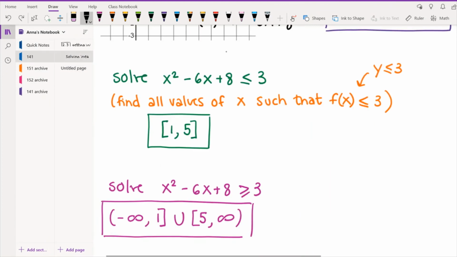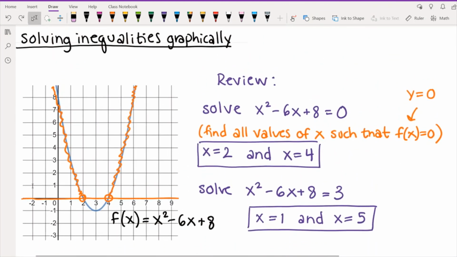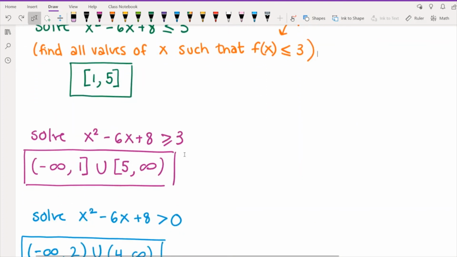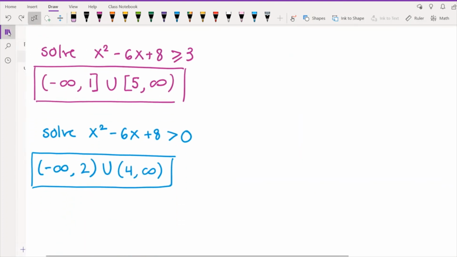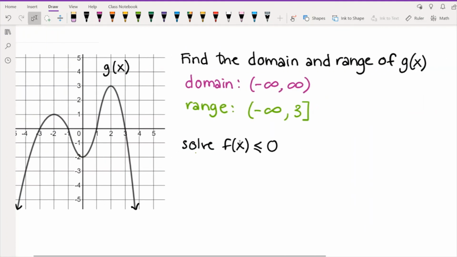For the last one, we actually knew the equation of the function, and so instead of writing f of x is less than or equal to, I just wrote the equation of the function is less than or equal to 3, or whatever we are solving. This is the exact same idea. It's just that we don't have the equation, and so that's why we're just writing g of x, the name of our function.